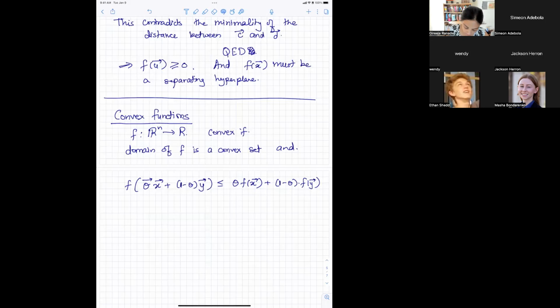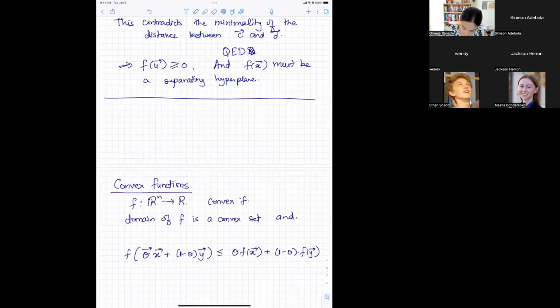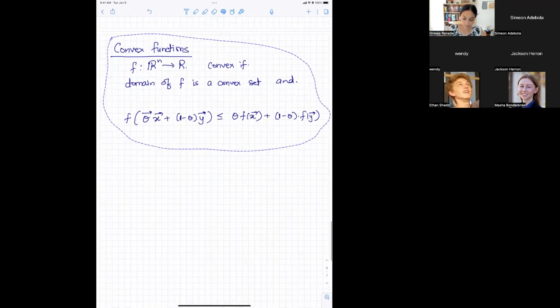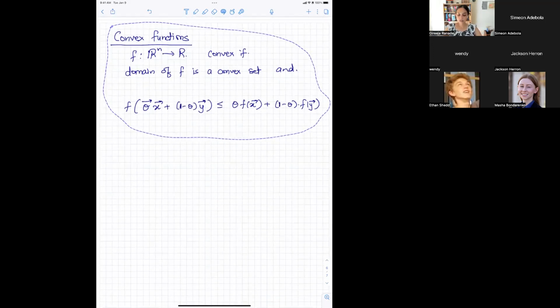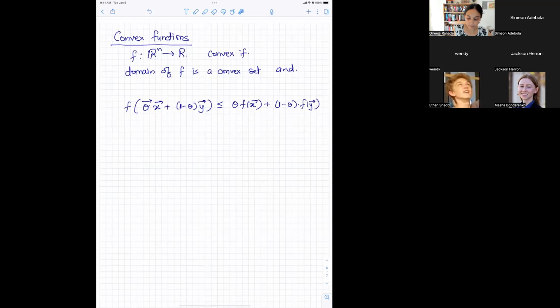Okay, so let me move this all onto one page actually. So what I'm saying is that if I have some x and some y belonging to my set, then I have, not a vector, theta: f of theta times x plus 1 minus theta times y should always be upper bounded by this quantity.